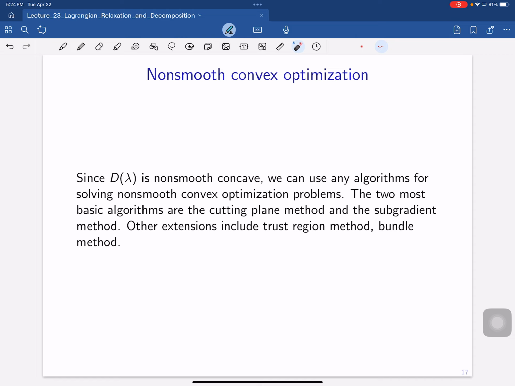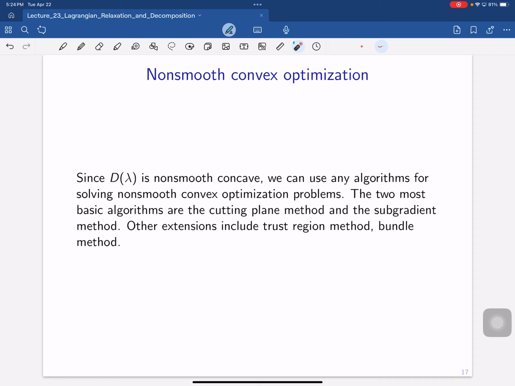Since d lambda satisfies this property, we can refer to any algorithm that deals with non-smooth convex optimization problems. Since non-smooth convex optimization is a general problem, we don't need to worry about whether the original problem is mixed integer or something else.